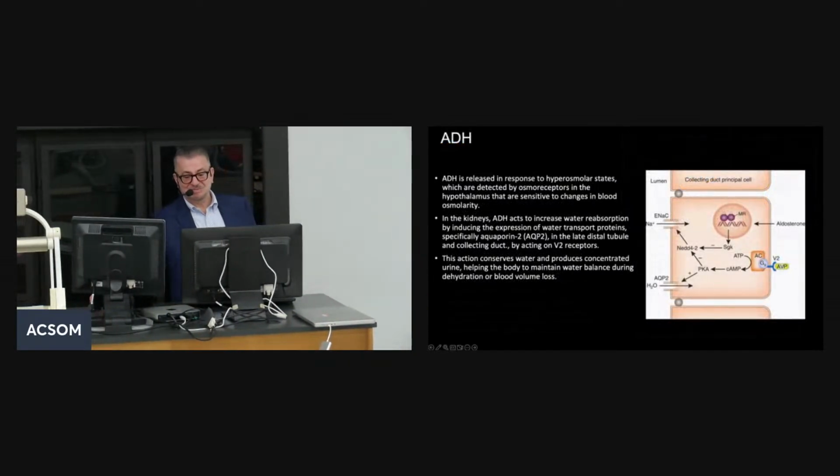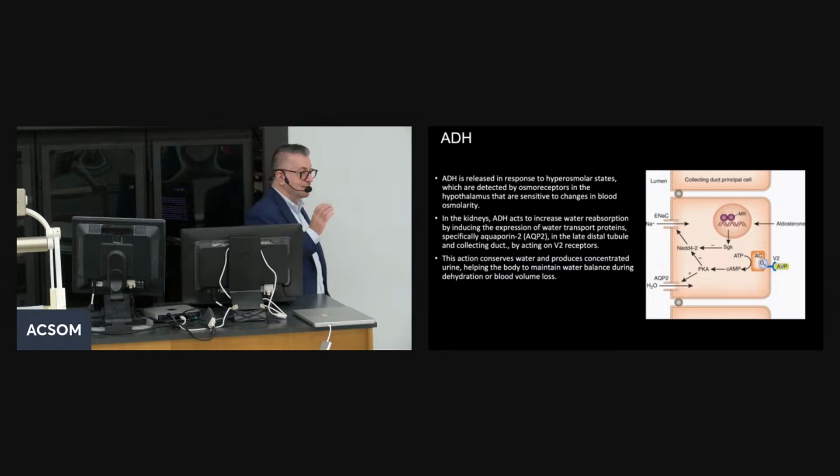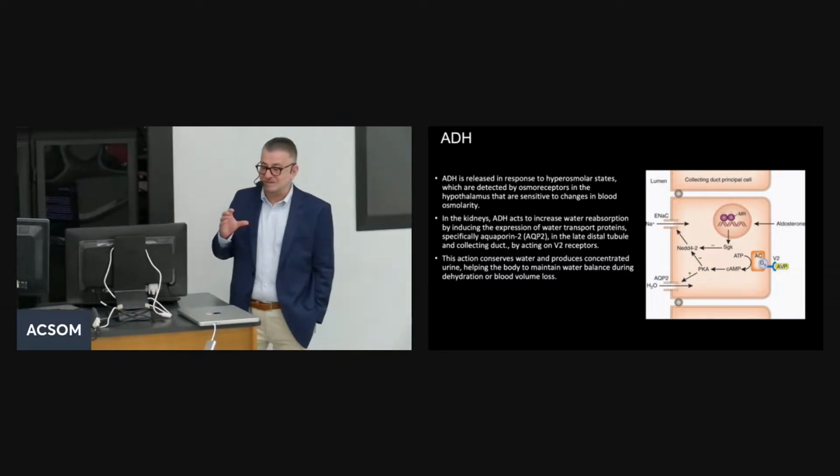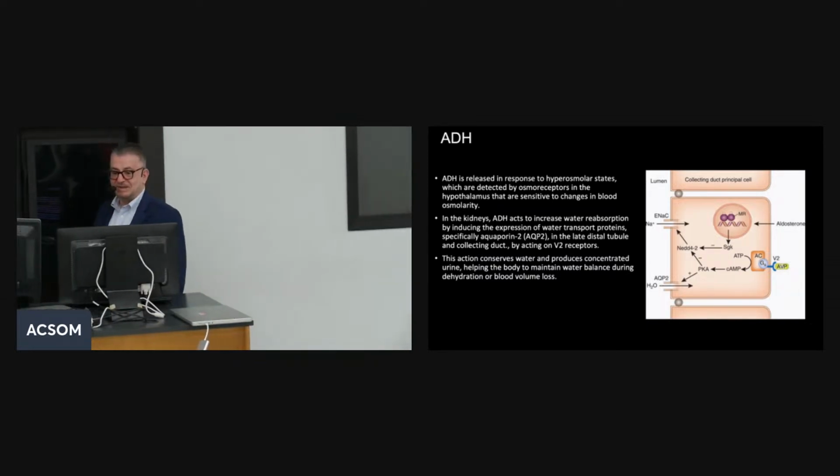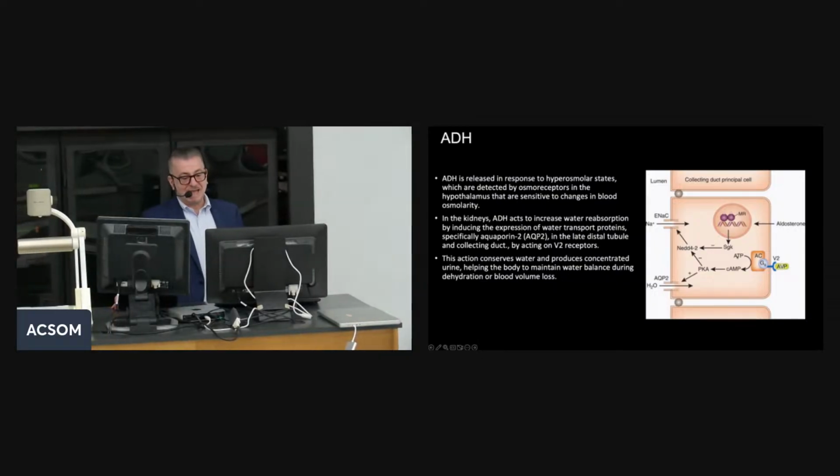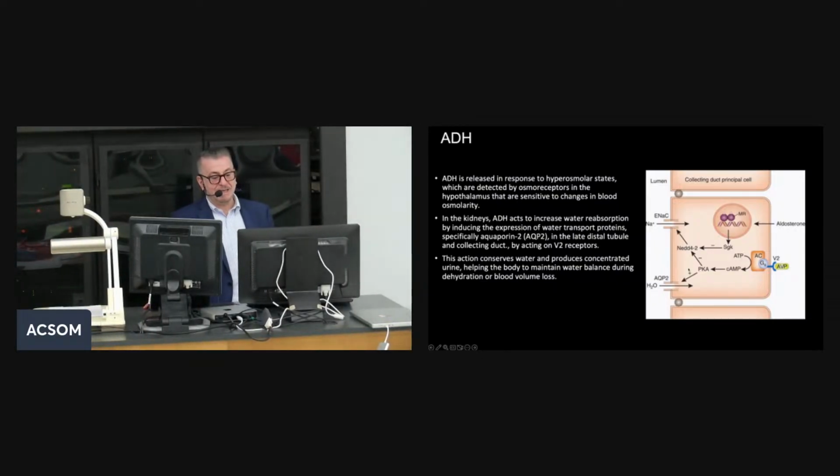Okay, what does it do? So AVP or ADH binds to the V2 receptor. And this is something people ask all the time: V2 receptor or V1 receptor. In the kidneys, in the tubules, you have V2 receptors. It binds to it and activates an ATP, PKA system. And at the end, you have these water channels called aquaporins.